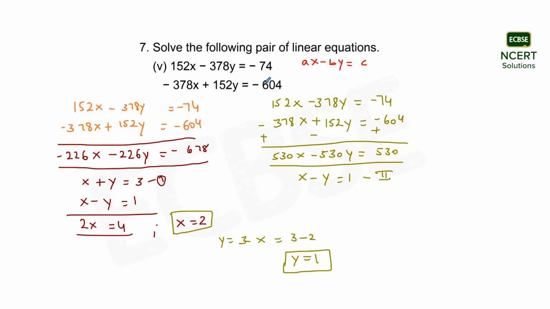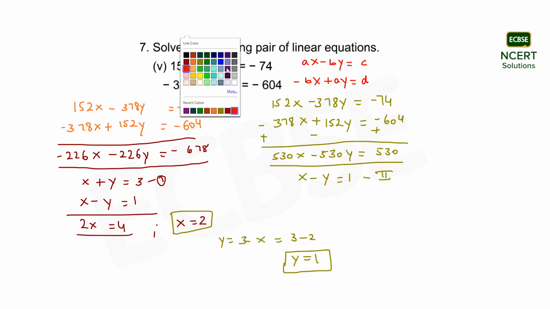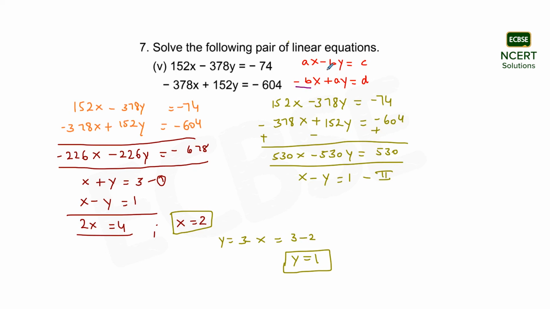Now writing again the second equation in the form of variables, here it will be minus bx plus ay is equals to d. And if I see the two equations which have been written in form of the variables, what I observe is the coefficient of x and the coefficient of y in the two equations is same, and the coefficient of x in the first equation and the coefficient of y in the second equation is same.